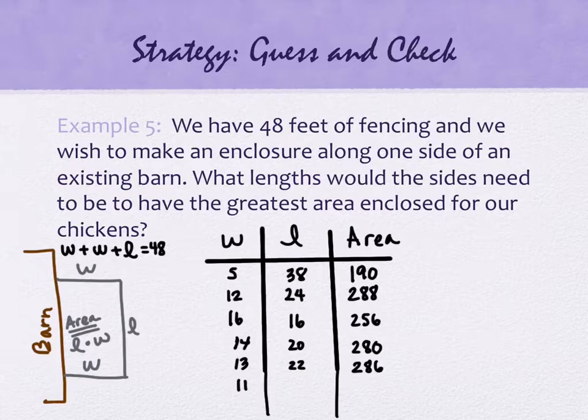11 for my width will give me what for my length? 26. And what is 11 times 26? 286. And that would be smaller than the largest number on my table, right? It's not bigger. Do I need to go down to 10 or 9?